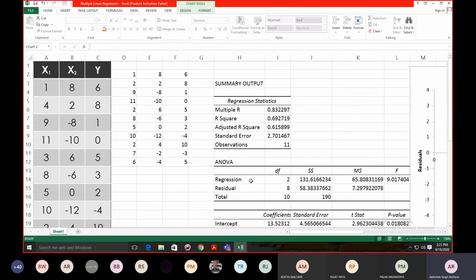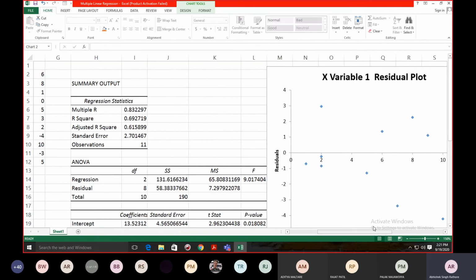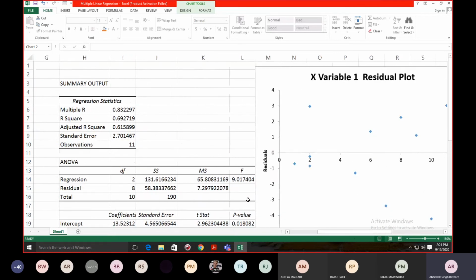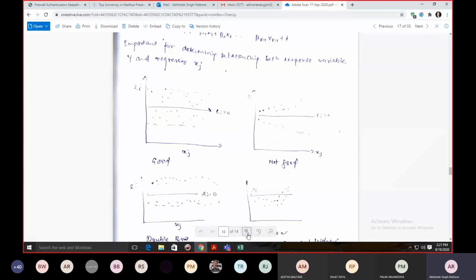You can check from your ANOVA table and then go for the residual plot. Let's go for some exercises, and then you can better understand which assumptions of your data are better. It usually depends on your practice.